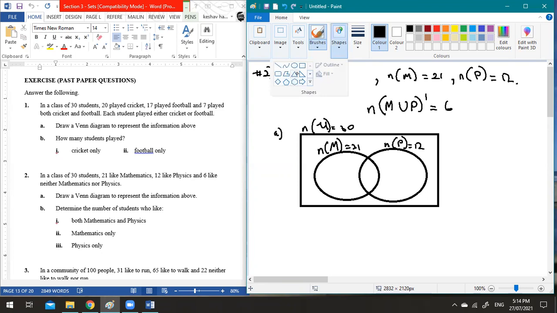So let me just fix this a little bit, because I don't have space to draw it on the outside. Let's see how I do that.